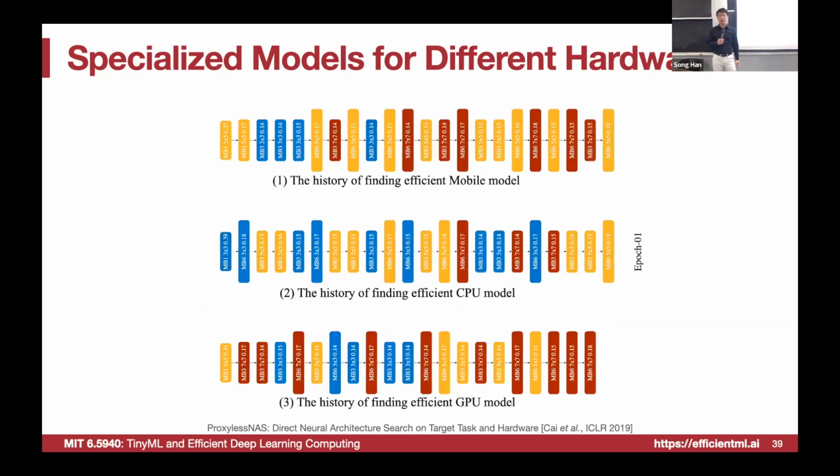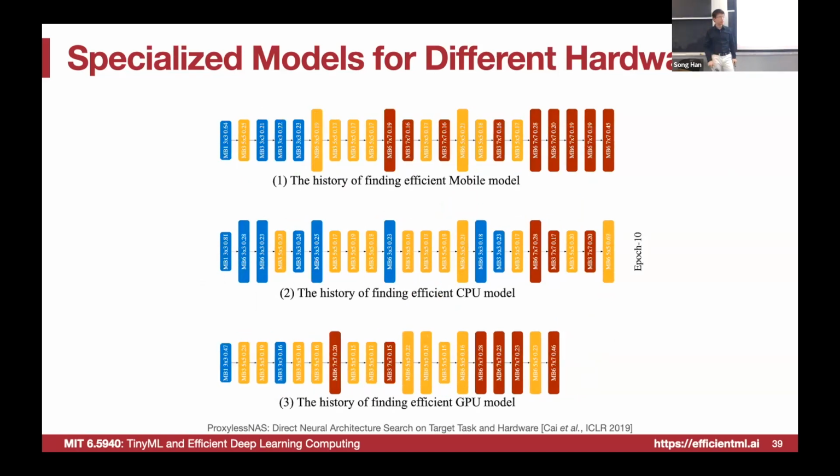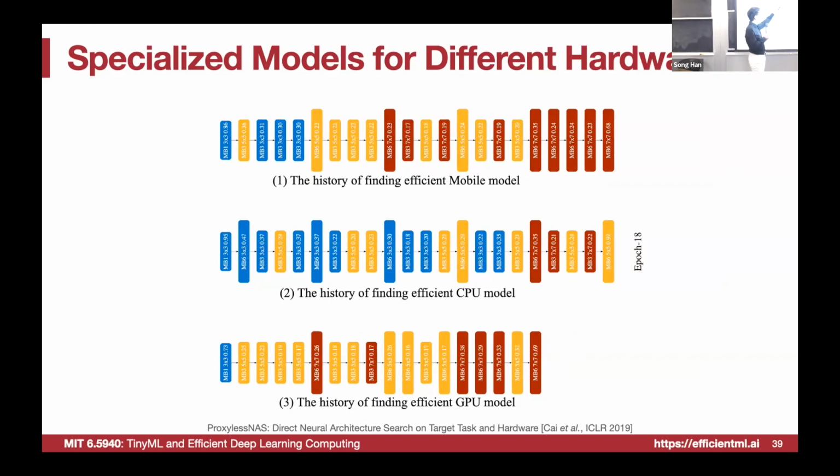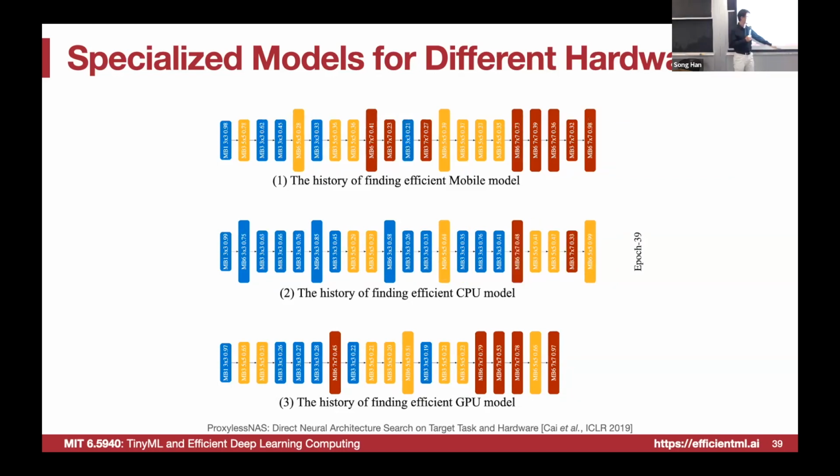And let's see, how does the searched model differ across different platforms? So this is the history of finding an efficient model using ProxylessNAS for the mobile phone versus finding a specialized model for the CPU versus the GPU.